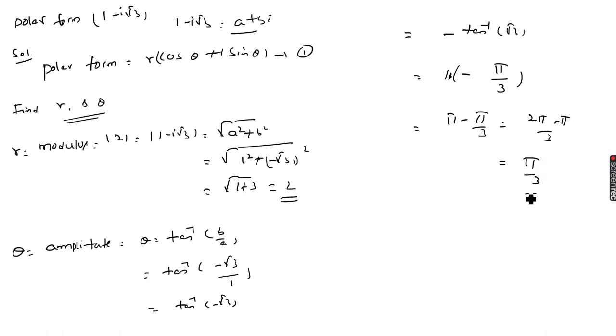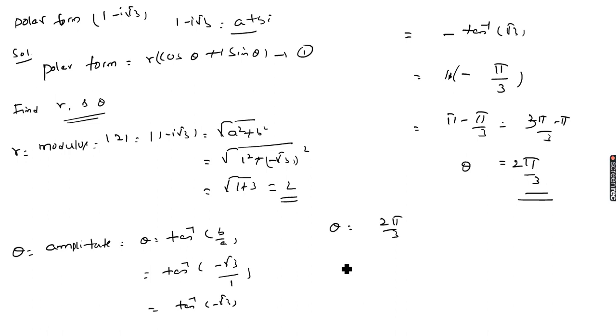Finally, what is theta? Pi minus pi by 3, that is 3 pi minus pi, 2 pi by 3. Therefore theta equal to 2 pi by 3.